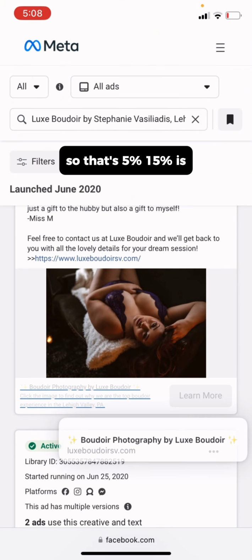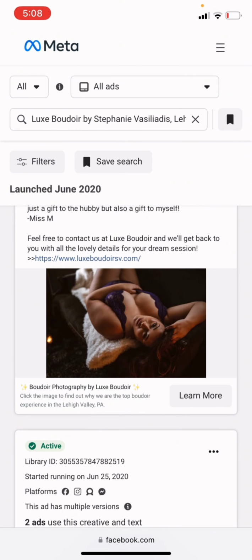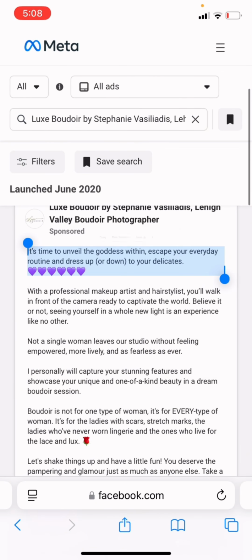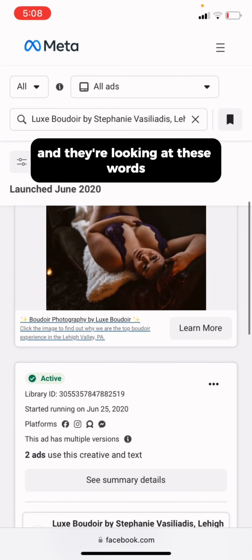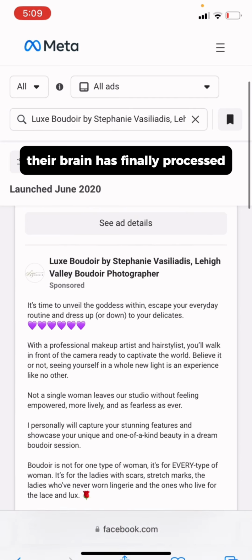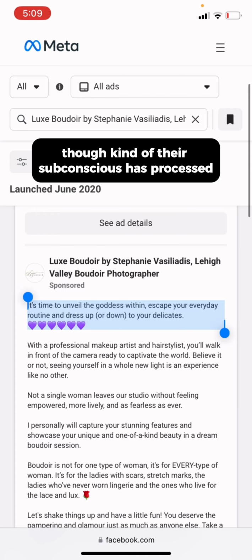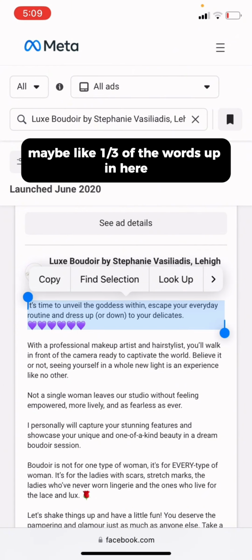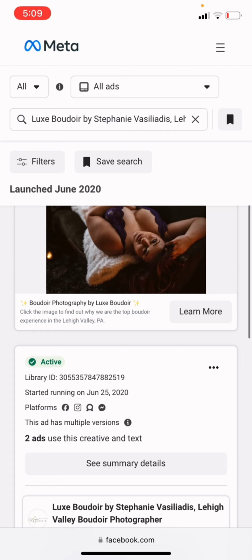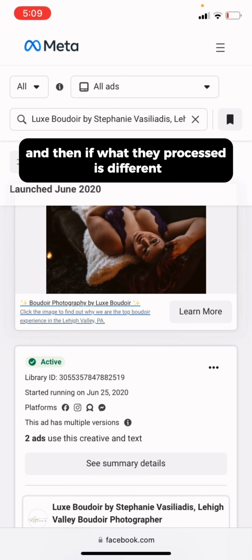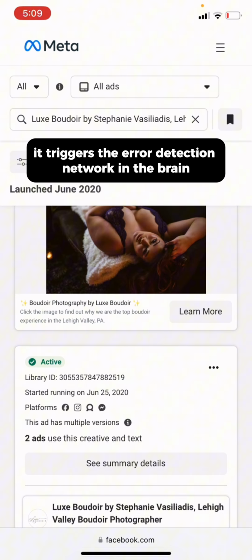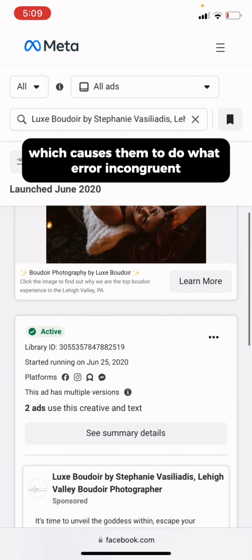So that's 5%. 15% is because when women are scrolling, by the time they get here and they're looking at these words, their subconscious has processed maybe like 1/3 of the words up in here, kind of the main keywords, just because they're scrolling fast. And if what they processed is different, if it's not congruent with here, it triggers the error detection network in the brain, which causes them to do what?